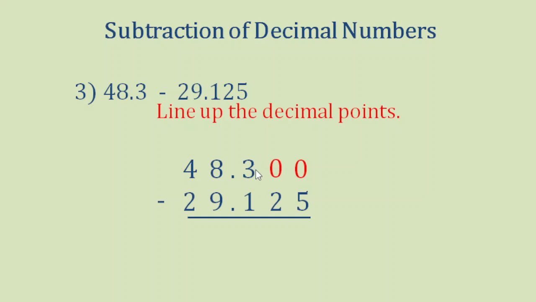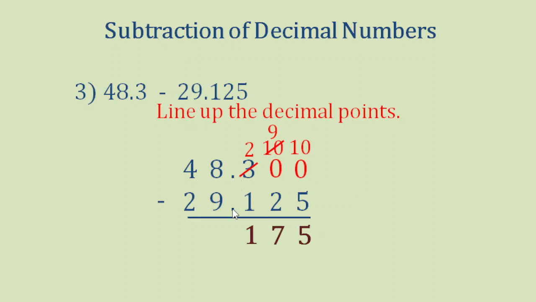So this 3 becomes 2, and this 0 becomes 10. Now this 0 can borrow 1 from 10. So this 10 becomes 9, and this 0 becomes 10. So 10 minus 5 is 5. 9 minus 2 is 7. 2 minus 1 is 1.